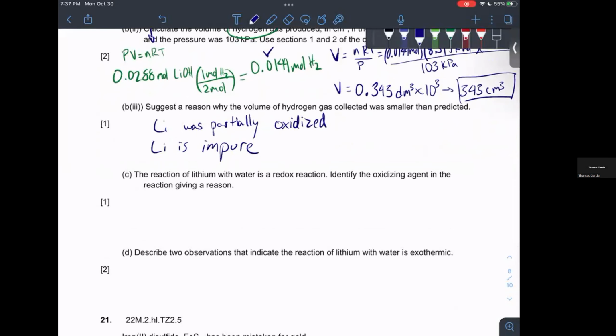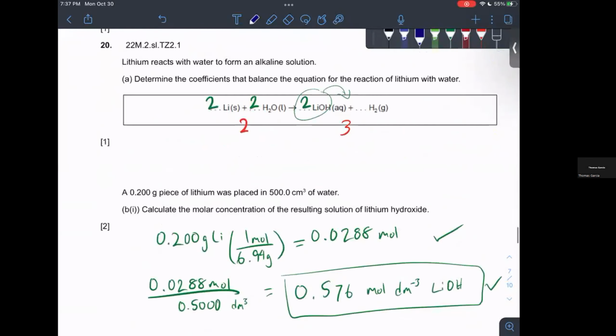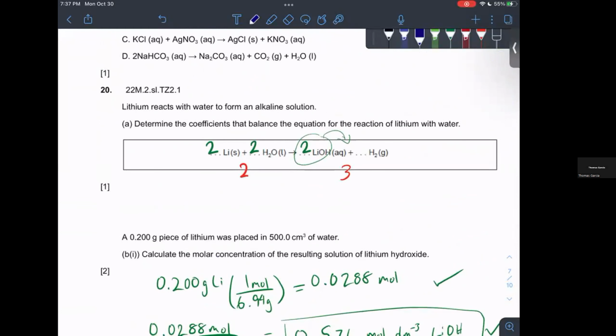All right. C, the reaction of lithium with water is redox. Identify the oxidizing agent and give a reason. So let's go back to here. Identify the oxidizing agent. That means the thing being reduced. Well, let's start with Li. Li goes from 0 to +1.